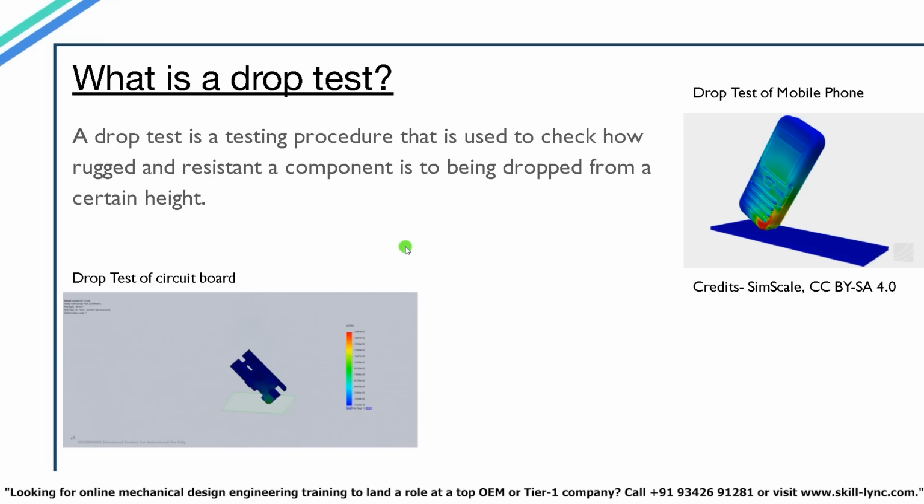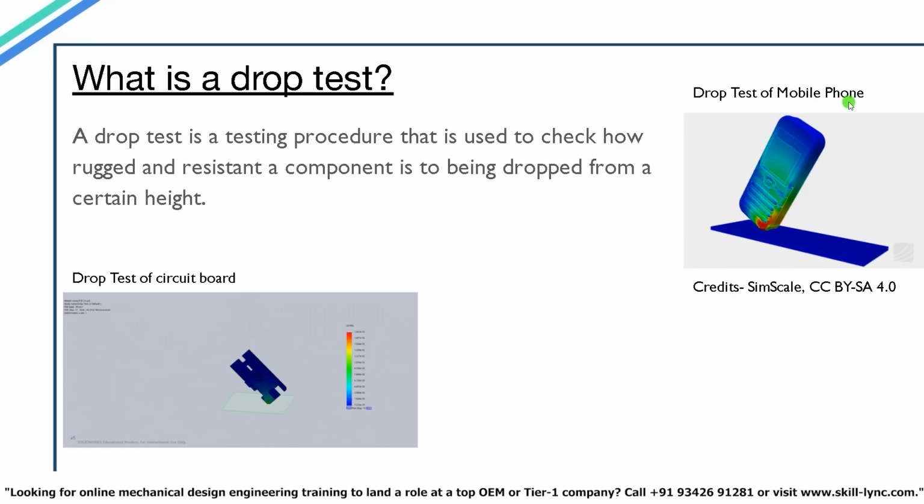A drop test is a testing procedure that is used to check how rugged and resistant a component is to being dropped from a certain height. Most of us would have seen many YouTube videos where people compare 2 or 3 phones and drop them from a certain height and then evaluate how rugged a certain phone is based on how much damage the phone has suffered from the drop test.